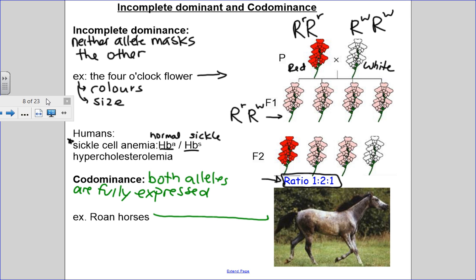Some of them are a kind of browny color, and some of them are a kind of white color. They are not kind of brown, kind of white. They have some fully white hairs and some fully brown hairs. So both alleles get fully expressed. In other words, you see both colors, not a mixture.